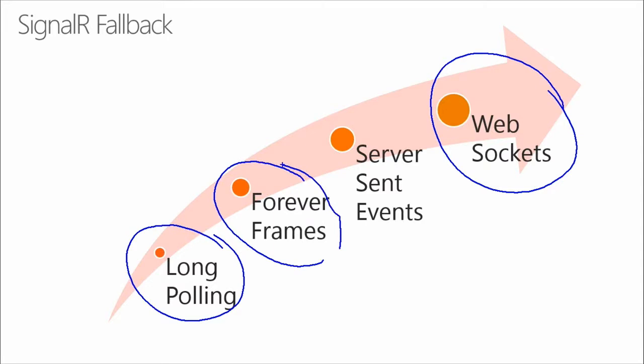So how are we going to create code that still supports older browsers, including all the way back to long polling? Or how about maybe somewhere in the middle here, something that will do forever frames, which is basically just setting up an iframe and keeping that HTTP connection alive. Or maybe server-sent events, which is another protocol that was put together by the people who did Opera that, again, is a two-way protocol.